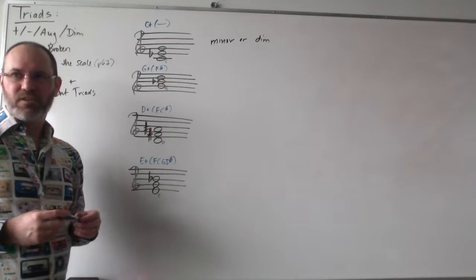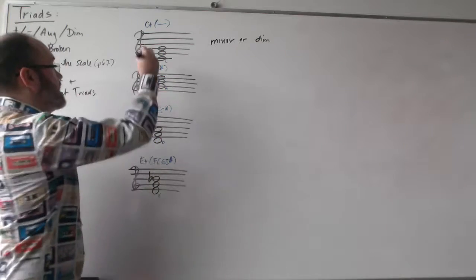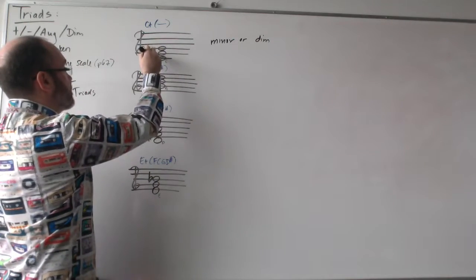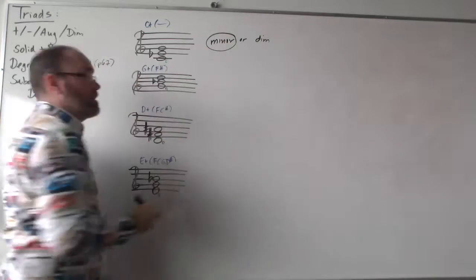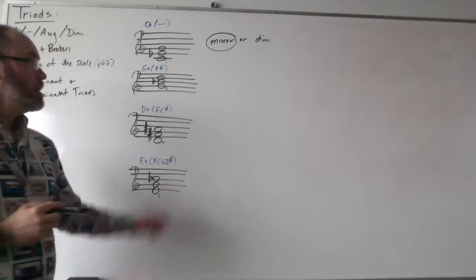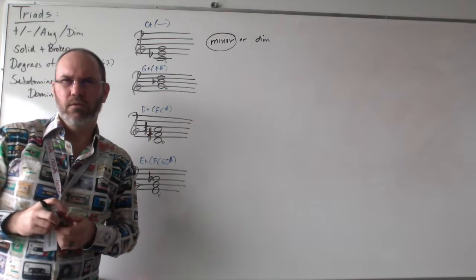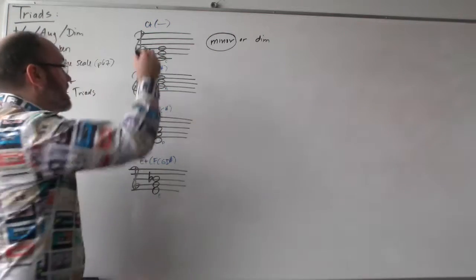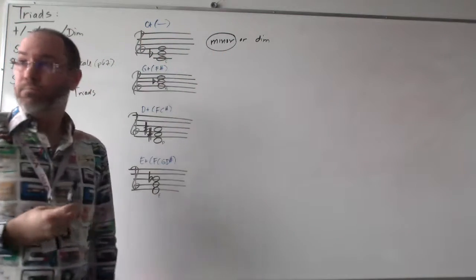Okay, so here we have a minor third and a perfect fifth. So this is just minor. What would we have to do to this to make it diminished? Lower the fifth. If we put a flat on here, then it would be diminished.